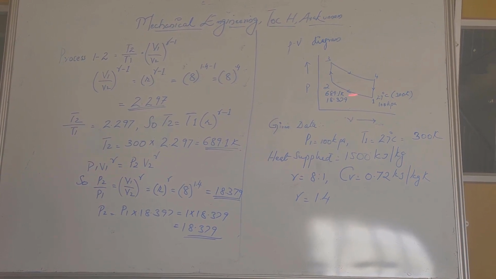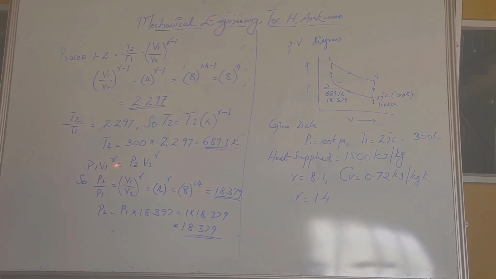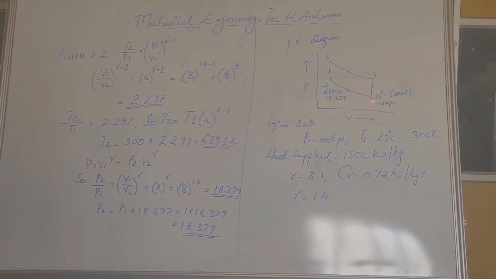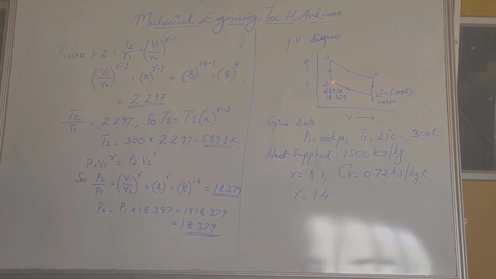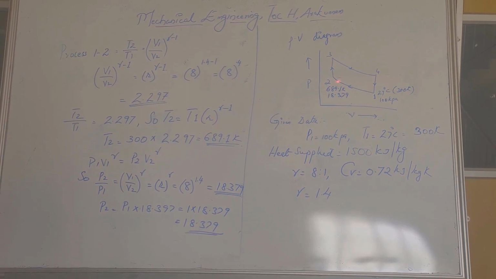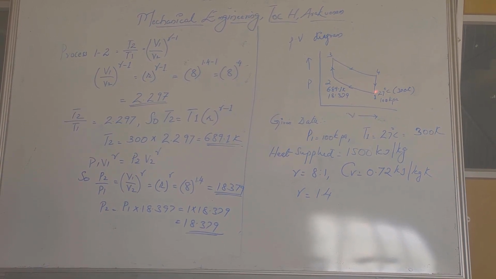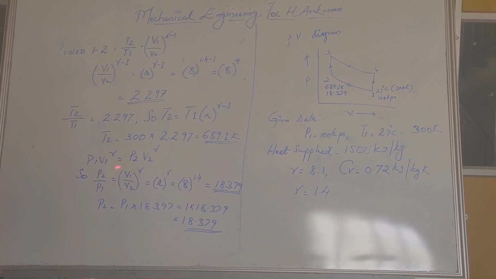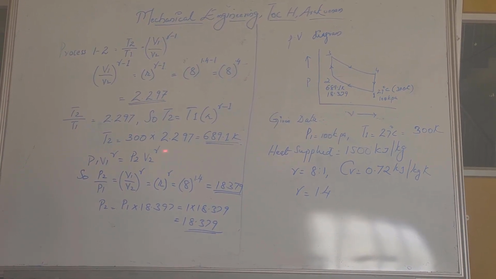Now in the Otto cycle, in this process, P1 V1 raised to gamma, the pressure and volume at point 1, is equal to P2 V2 raised to gamma. If you have P1 and V1, then you can easily find P2.